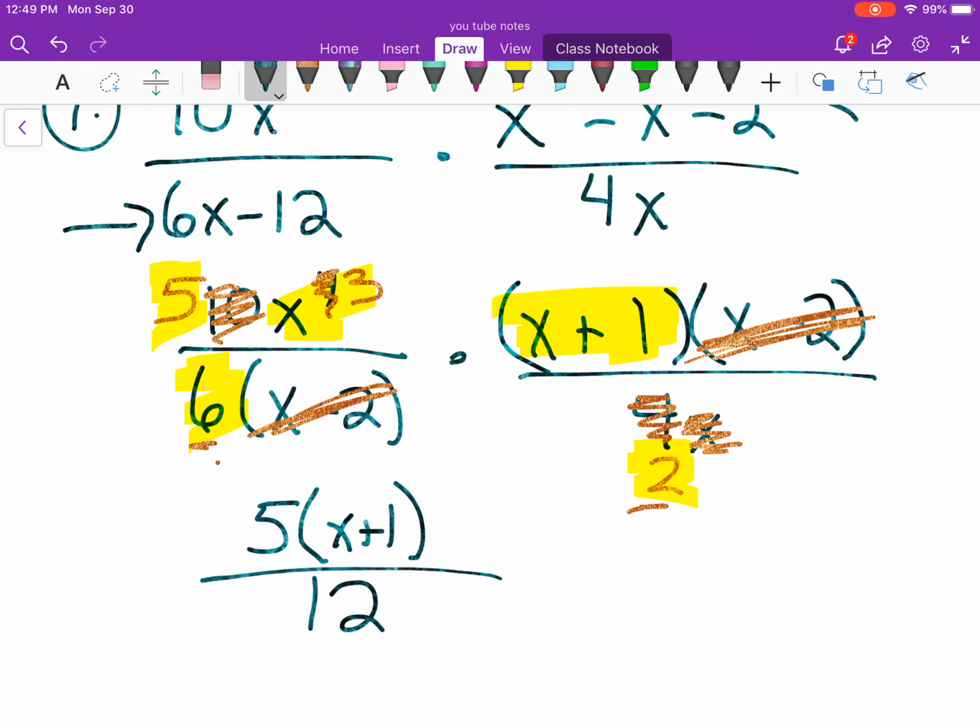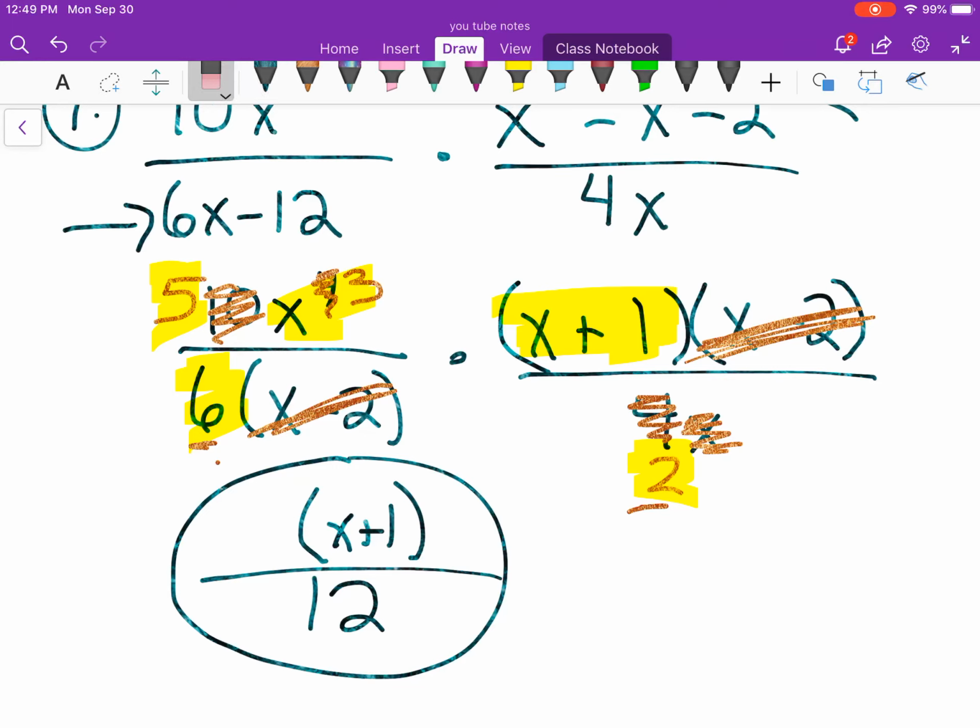Now, before I go any further, I can look to see if 5 and 12 could reduce, but in this case, they cannot. So 5x cubed, x plus 1, over 12. I'm sorry, I wrote that wrong. I left off my x cubed up here, which happens even though I highlighted it.